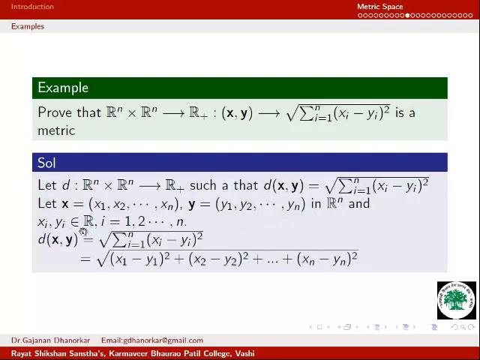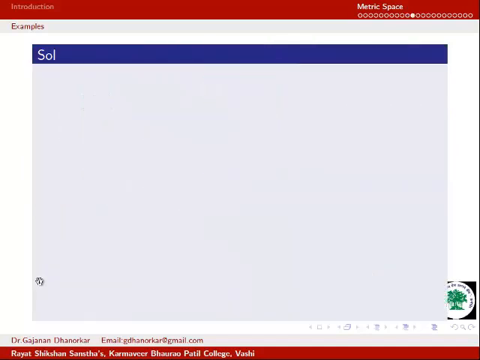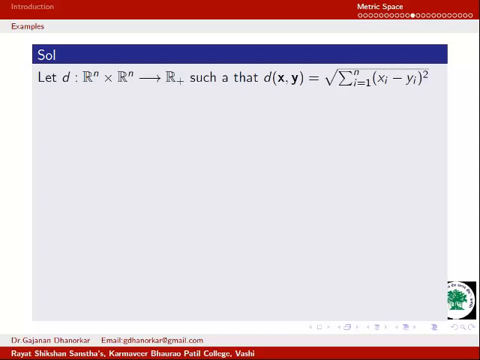Now here, as I had mentioned, this is a summation. This summation notation we can expand in this way, (x1 minus y1) square up to (xn minus yn) square, because i is equal to 1 to n. Each is a square term, all these are square terms. Therefore, these are non-negative terms and the sum is greater than or equal to 0.